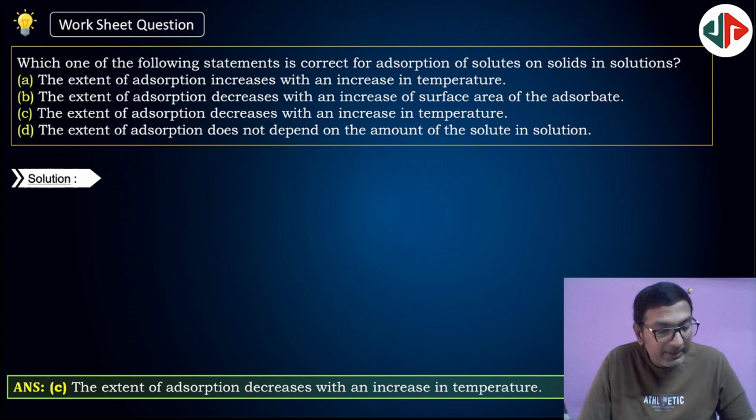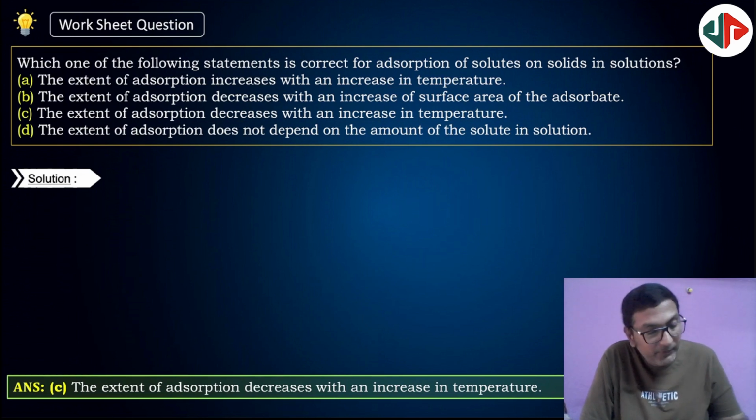Extent of adsorption decreases with increase in temperature. Extent of adsorption does not depend on amount of solute in solution. So here clearly the correct statement is adsorption decreases with increase of temperature. As the temperature increases, the force of attraction between adsorbate and adsorbent decreases, so surface molecules will escape. Therefore option C is correct.